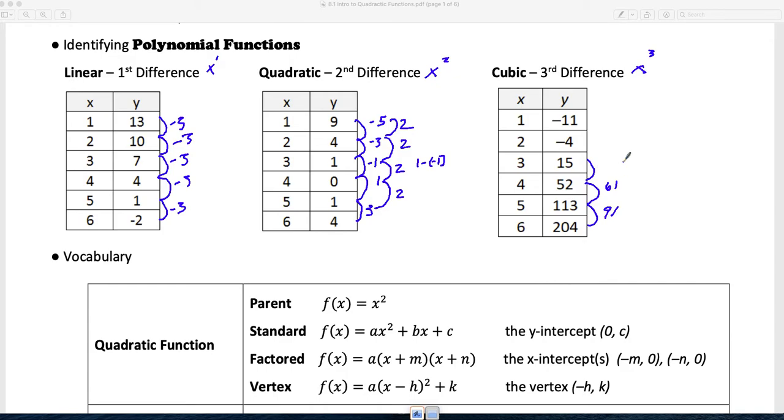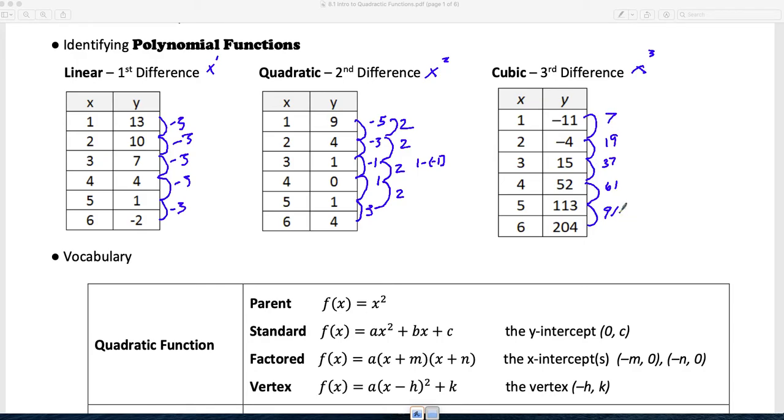I keep going up here. I'm going to get a different number every time, and I expect to. It's not linear. The only way I would get the same number every time is if it was linear and had a constant rate of change. All I want to do is get enough that I can move to my second difference and then my third difference. So -4 minus -11 is going to give me 7.